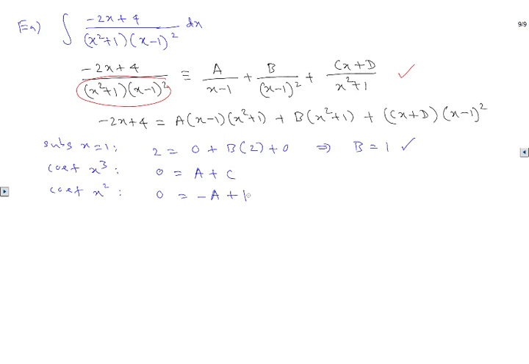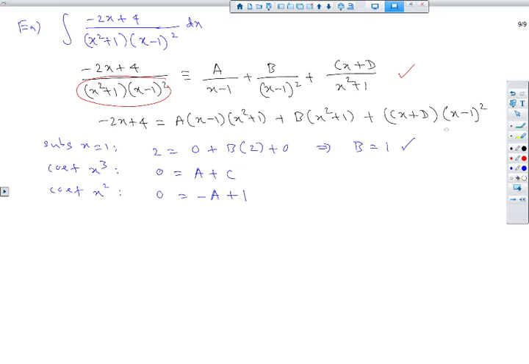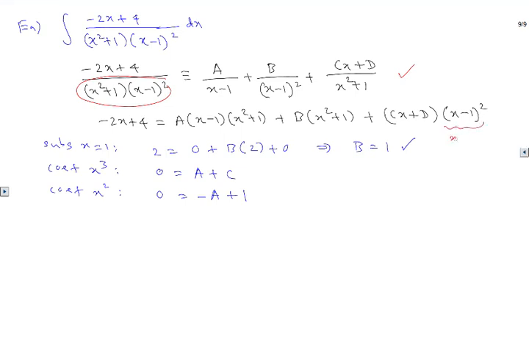And then if you go to the next one, the expansion of this one is x squared minus 2x plus 1. So let's think about how to get the x squared term. You get an x squared term if you multiply cx with negative 2x, and the coefficient is negative 2c.